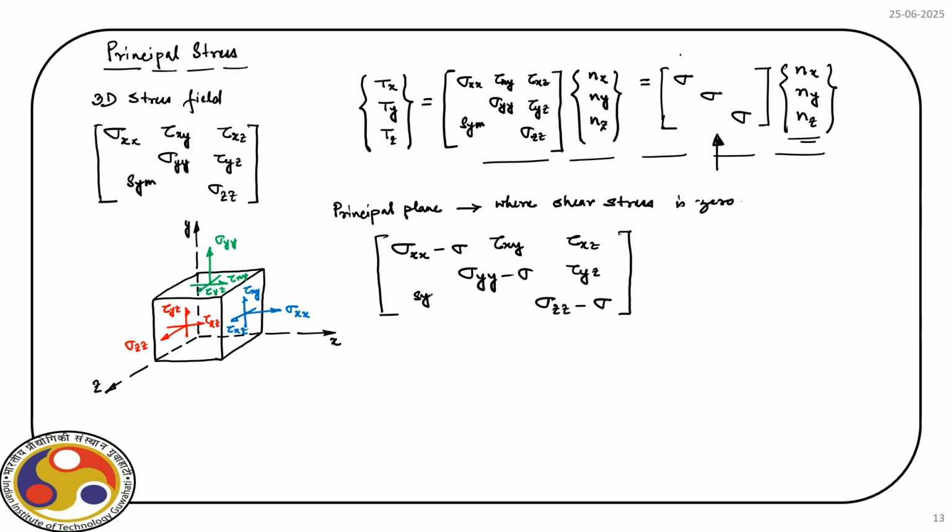So, this is symmetric, and then we have nx, ny, nz is equal to 0, right. You can identify this equation. So, this is an eigenvalue problem.